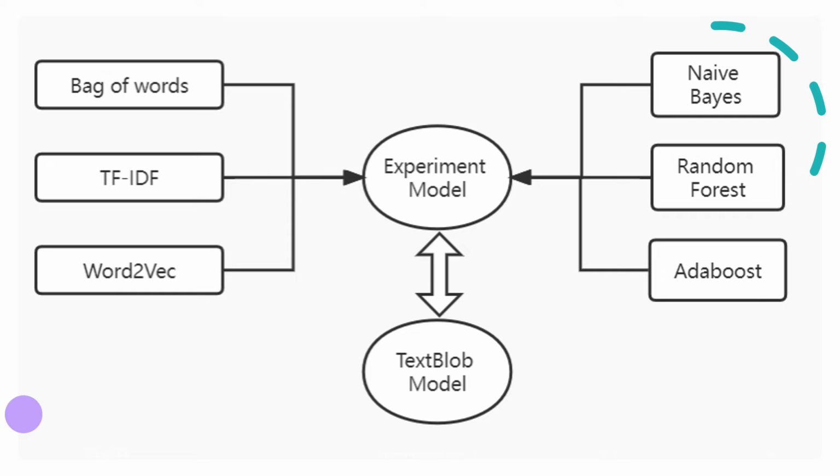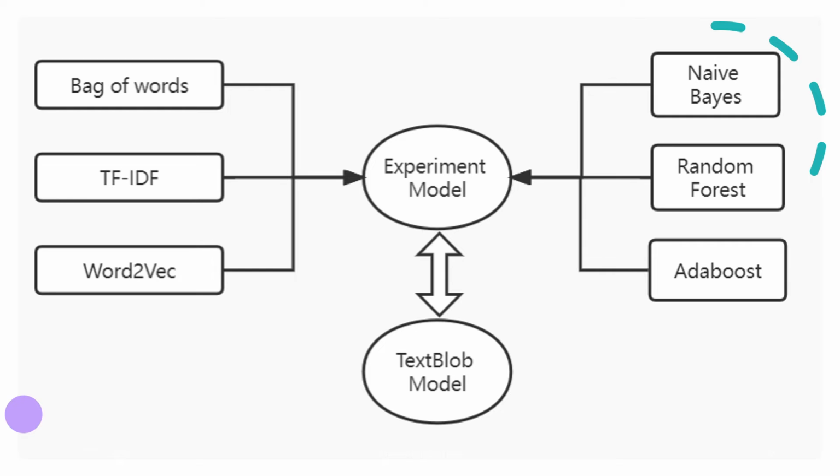And here is how I did the experiment. The machine learning algorithms I picked for this project are naive Bayes, random forest, and AdaBoost. I tried all combinations of experiment models by picking one feature extraction method and one machine learning algorithm.